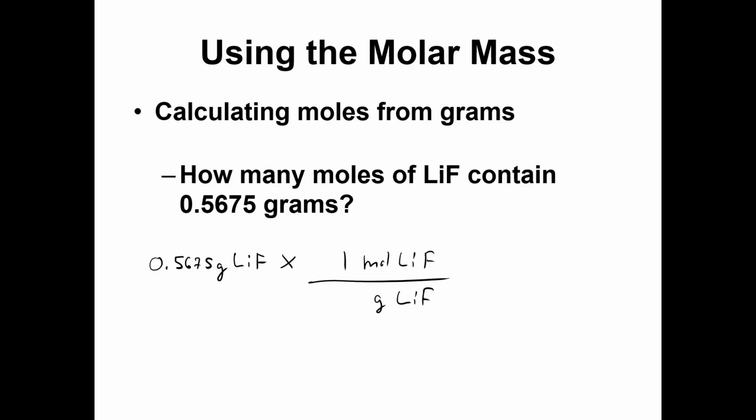Well, 1 mole of LiF is equal to 25.94 grams. I got that from the periodic table by looking up the atomic mass units for lithium and fluorine, and I added them up and turned it into molecular weight. And that gives me the answer.